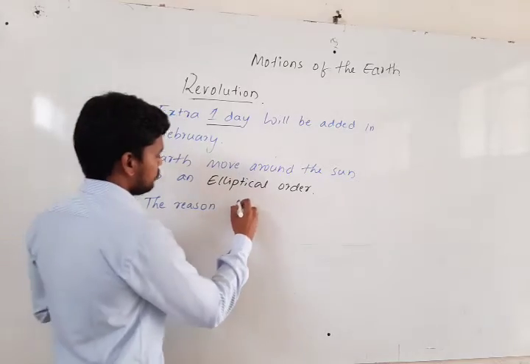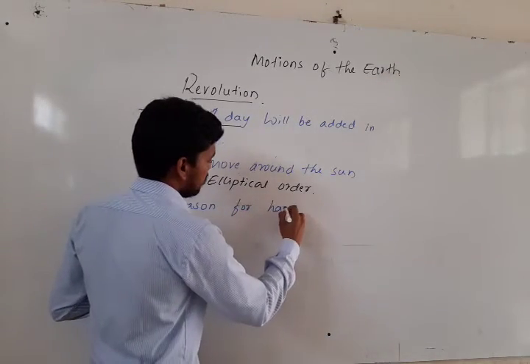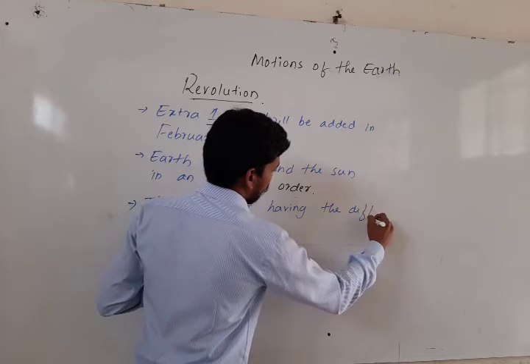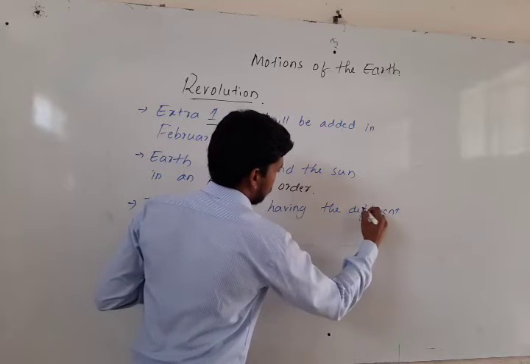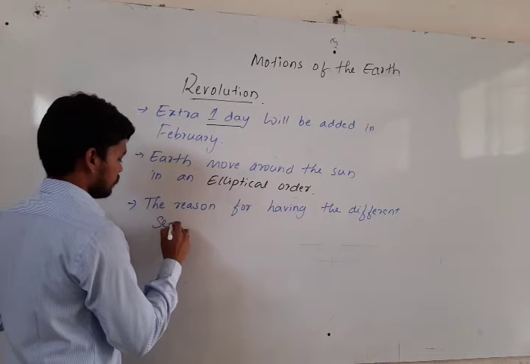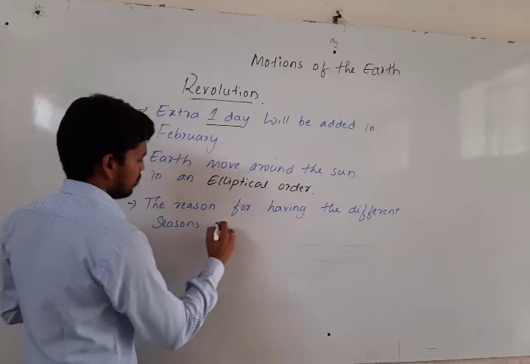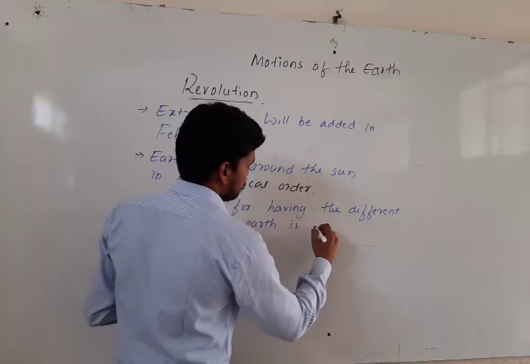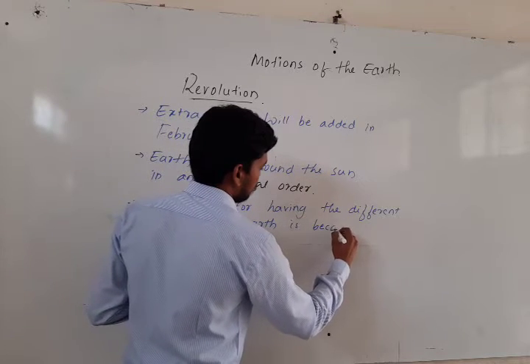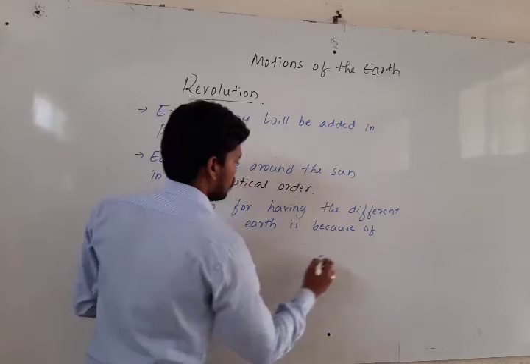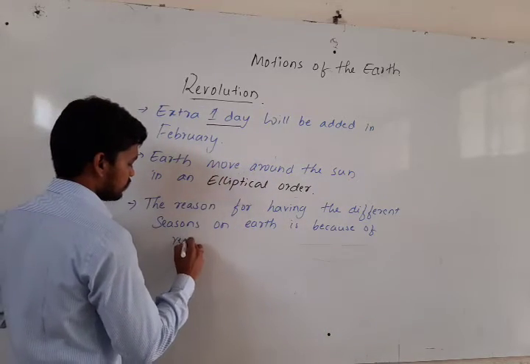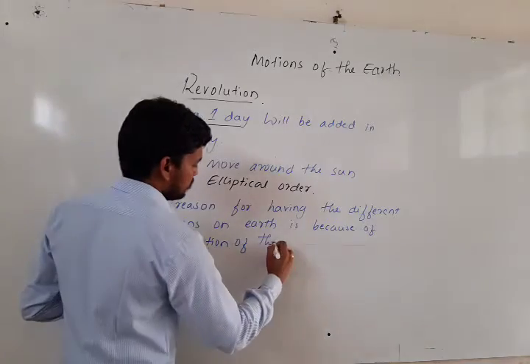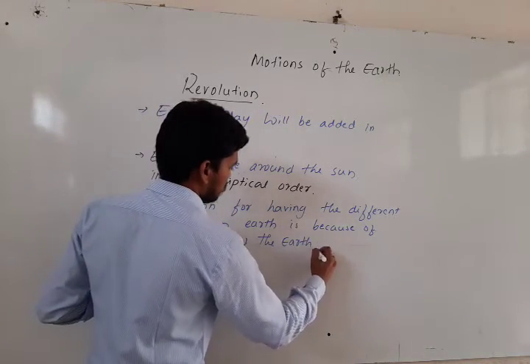The reason for the different seasons on Earth is the revolution of the Earth around the sun.